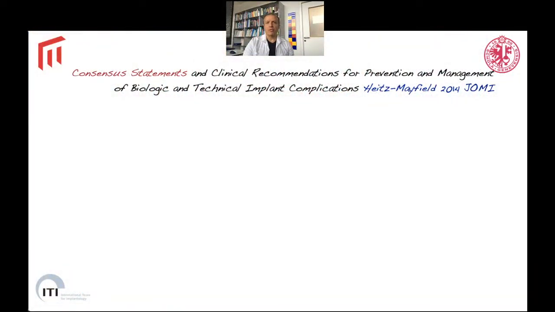Then we have to follow a sequence of steps in order to have a logical and good outcome of our treatment. There's no universally accepted method of treating peri-implantitis, but in this consensus conference of the ITI, a logical set of sequences of steps to follow when treating peri-implantitis was very nicely described by Heitz-Mayfield and collaborators.